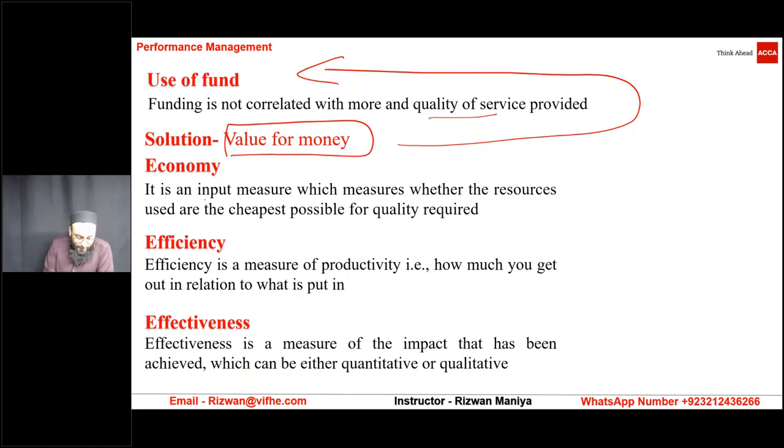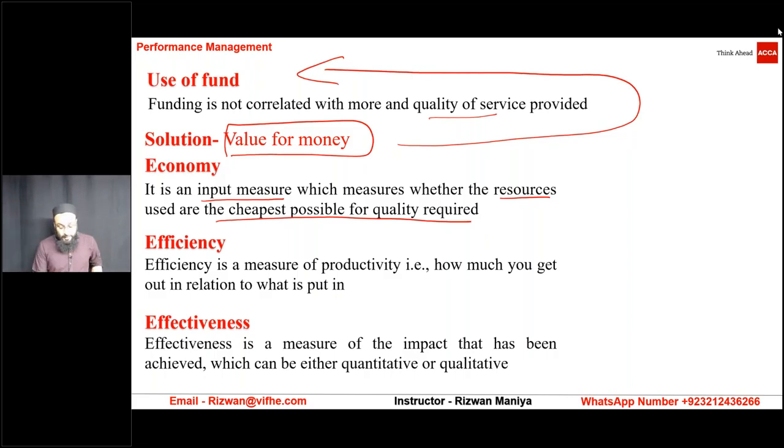Economy is an input measure which measures whether resources used are the cheapest possible for the quality required. Being an input measure, it checks whether the input resources that are used by the not-for-profit organization are the cheapest possible ones or not.